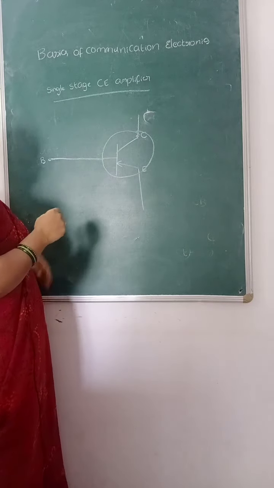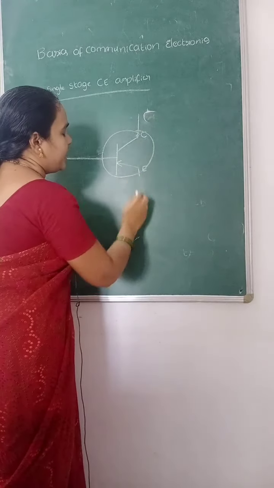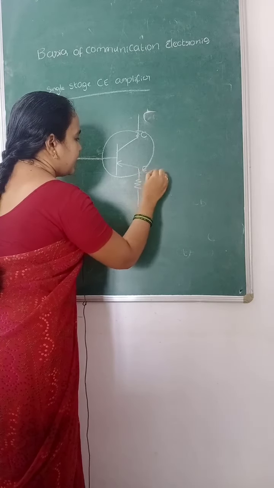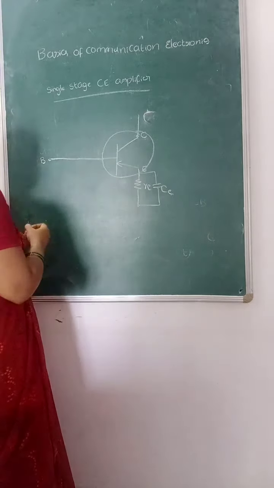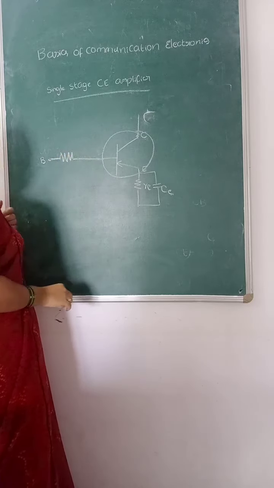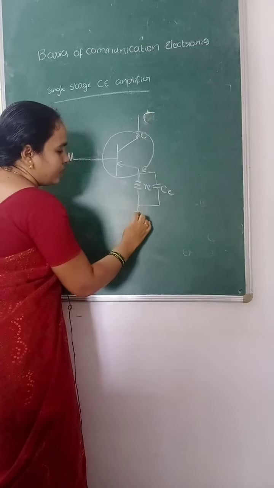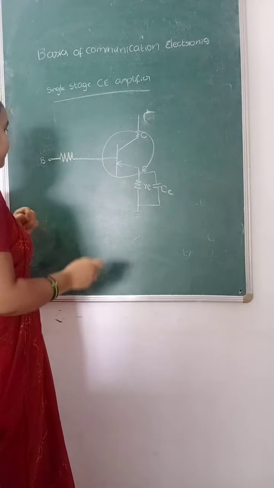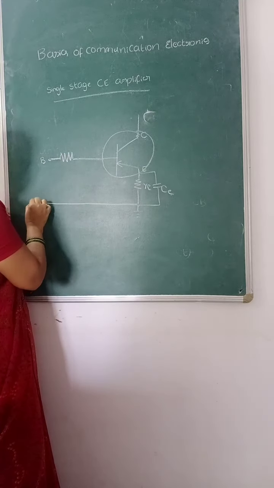In order to construct this single stage common emitter amplifier, we need to connect a resistance in parallel with a capacitance. An input resistance is given to the base terminal, and the emitter terminal is grounded through a resistance in parallel with a capacitance.